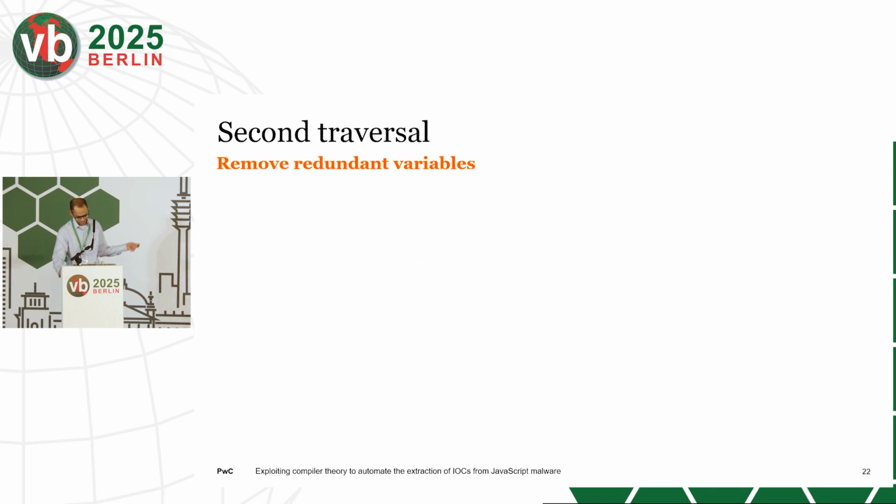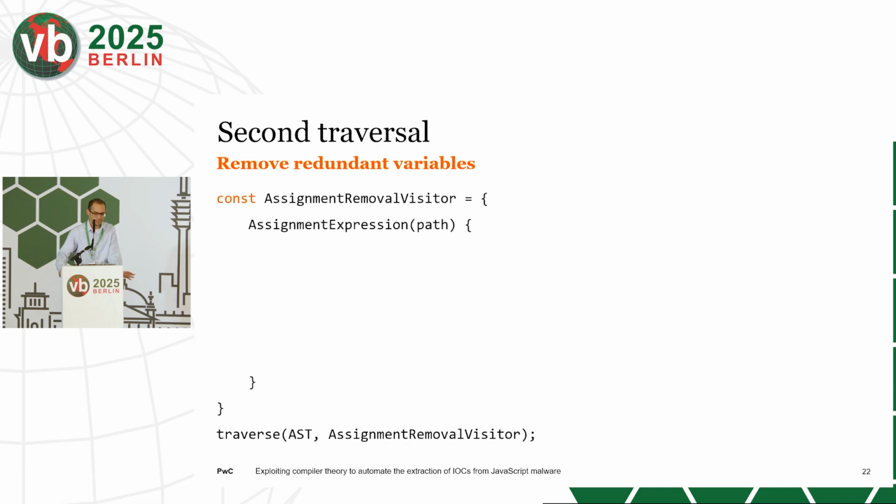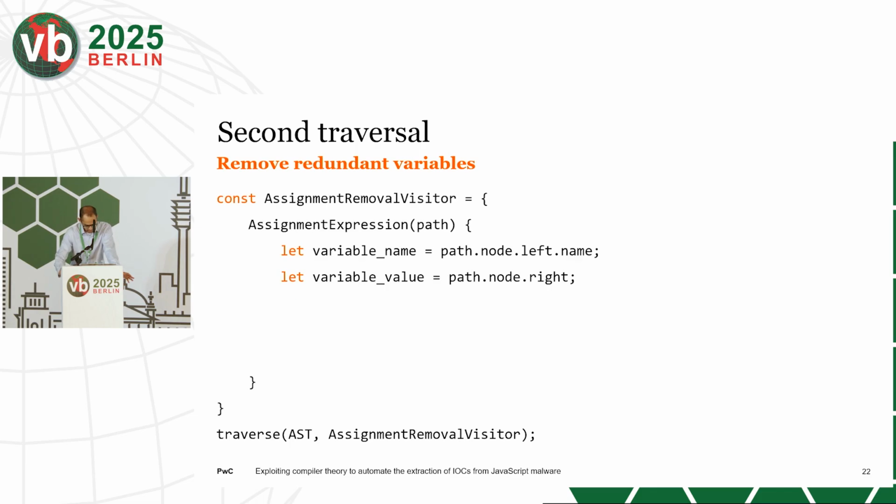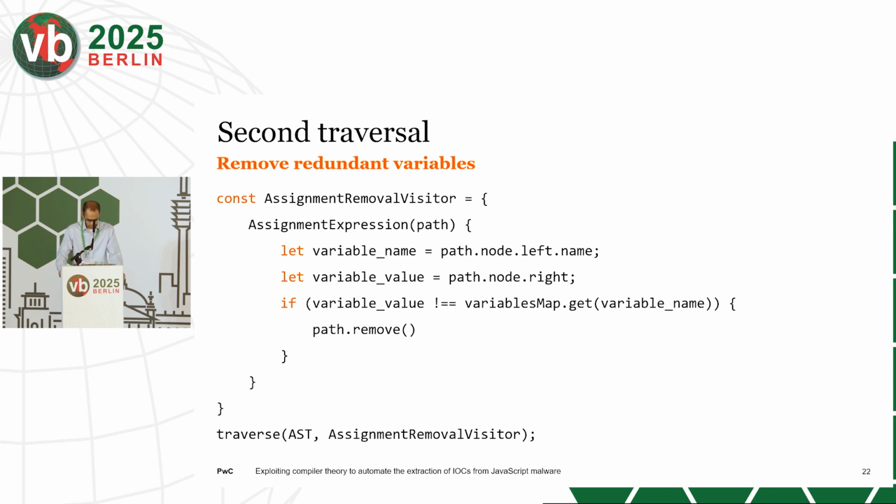So we now traverse the tree again. Again, we match on assignment expression and store the variable name and value. But this time, when we encounter a variable assignment, if it doesn't have the same value as the one stored in our hash map, we delete it using path.remove, since it's not going to be used later.